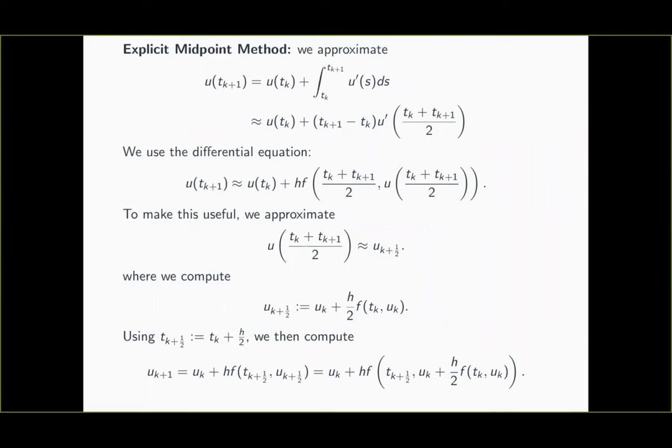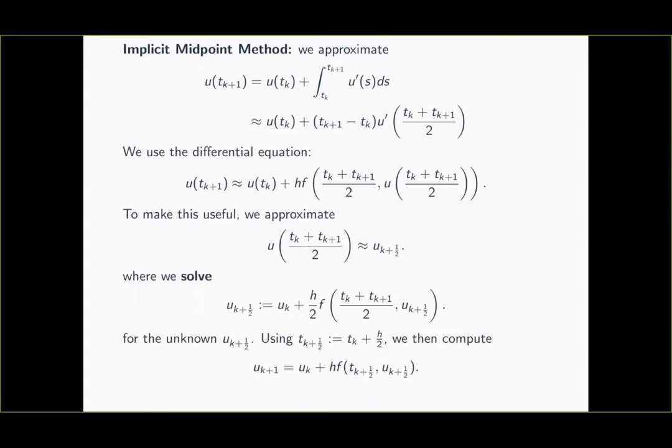The explicit midpoint method has a friend called the implicit midpoint method, and that one is defined by not using the explicit Euler method in this subcomputation, in this auxiliary computation, but instead using the implicit Euler method. So the implicit midpoint method looks very similar. So we still have the integral formulation of the Cauchy problem. We still use the midpoint method to approximate the integral by taking the value of u prime at the midpoint of the time interval.